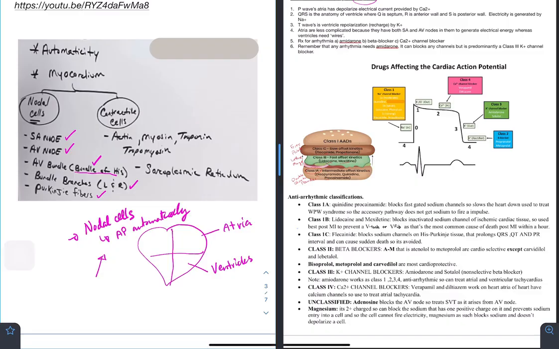As a general rule of thumb, disease processes happening in the atria are less severe compared to the ventricles because they have many automatic nodal cells.